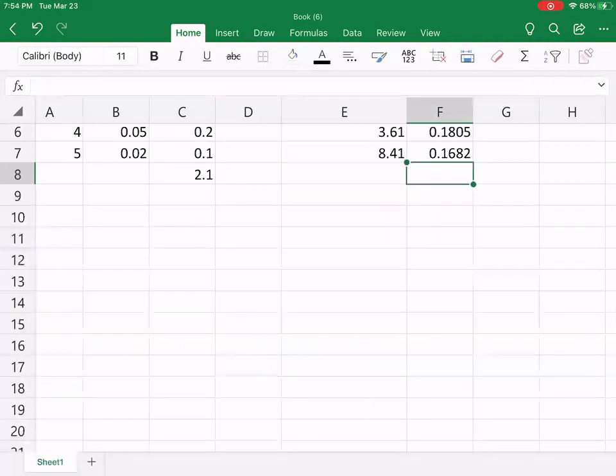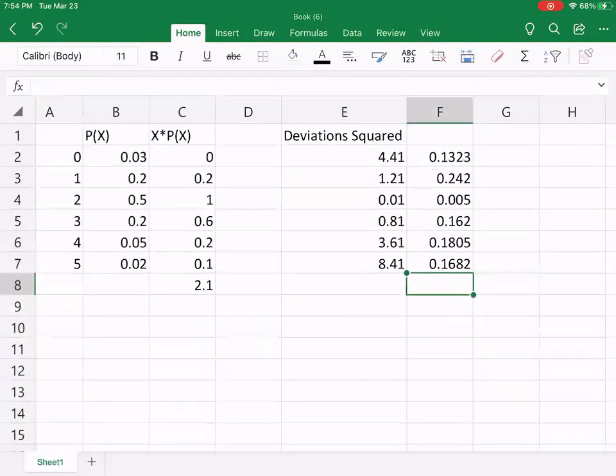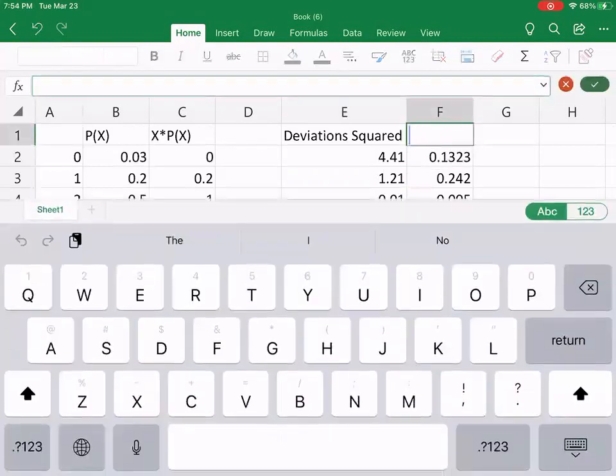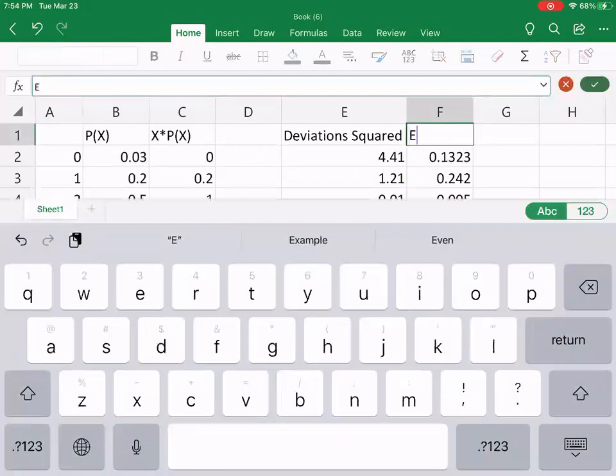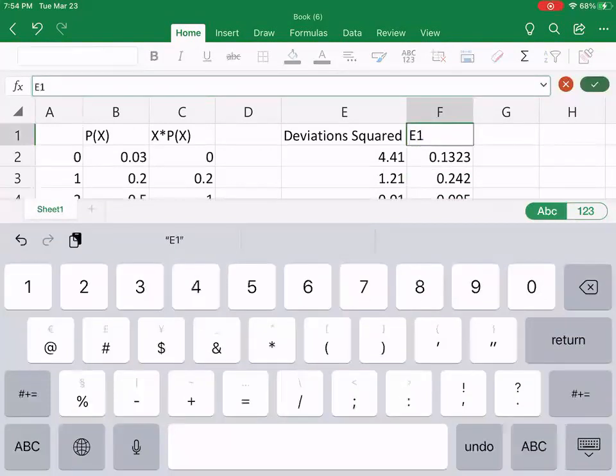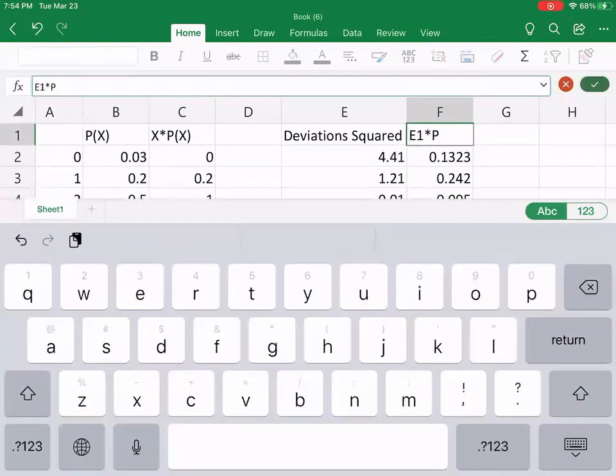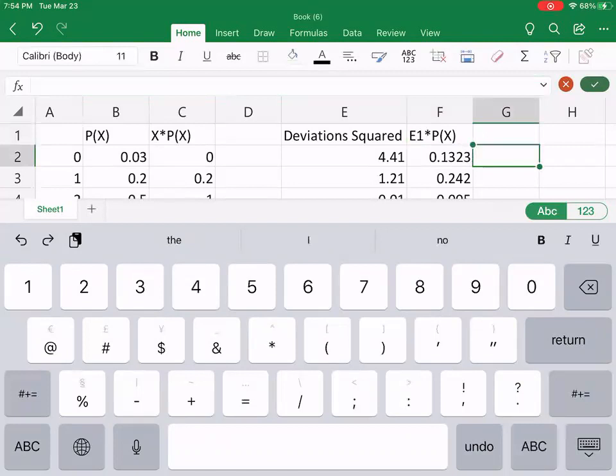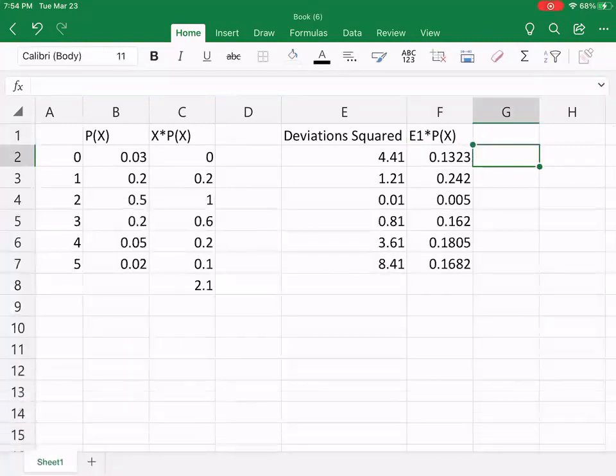So here are all of the deviations multiplied by their probabilities. So this is basically everything in E1 times every P of X. There. And the last thing is, I want to add them all up.